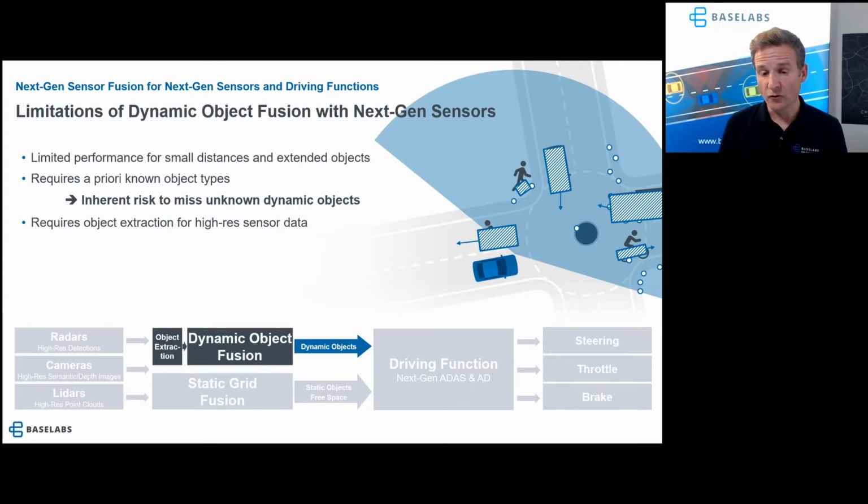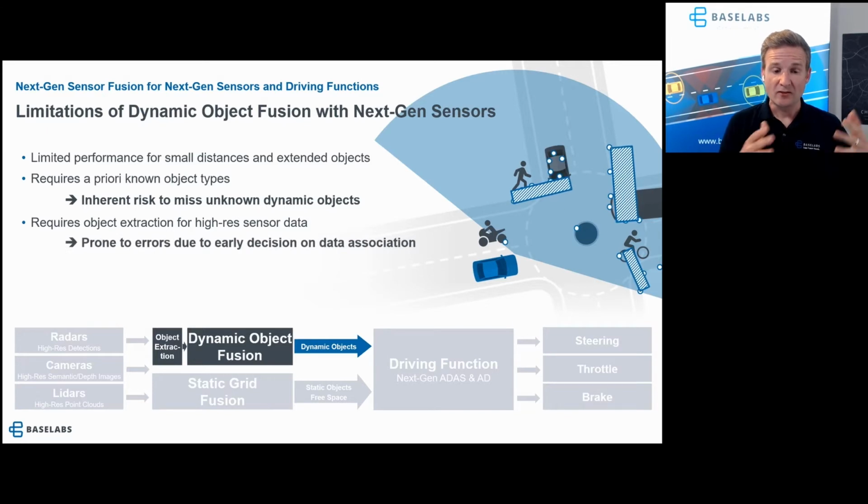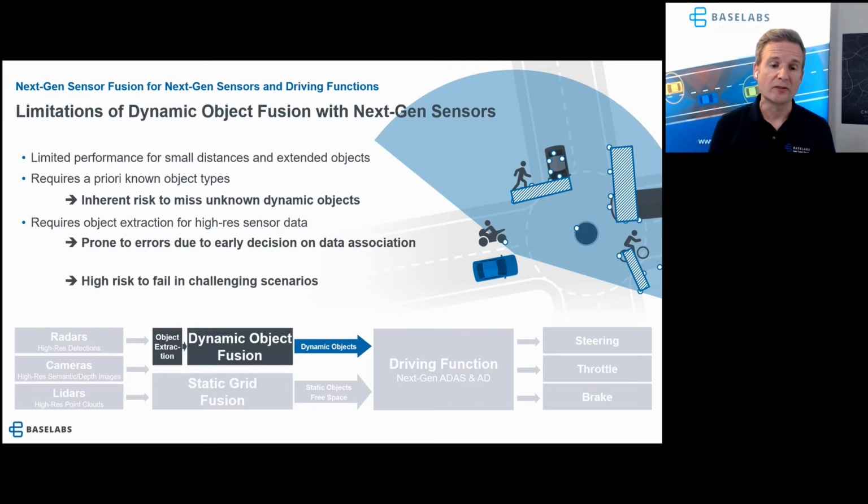And if this algorithm works well, then the whole approach works well. However, we have seen it many times that this object extraction step fails and extracts wrong properties from the objects, like you can see on the right side. And as soon as this happens, then you have a high risk that the whole sensor fusion system fails in challenging scenarios.